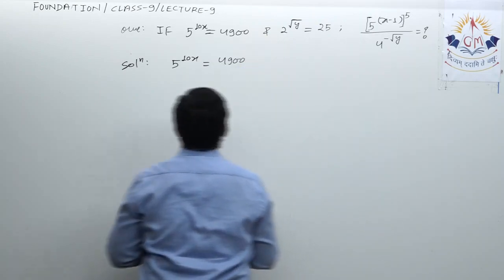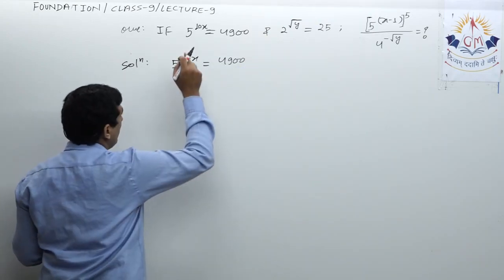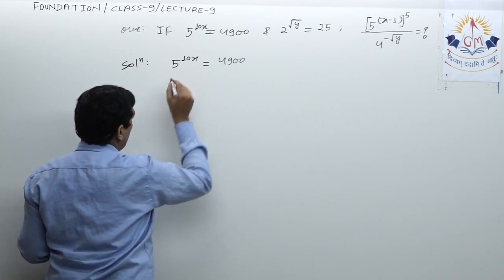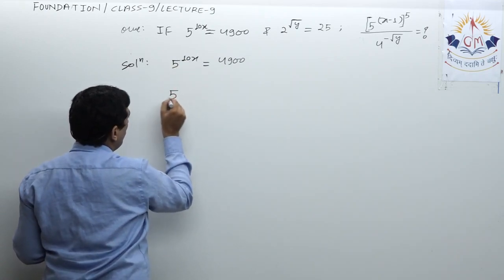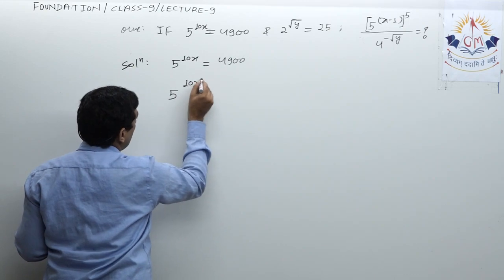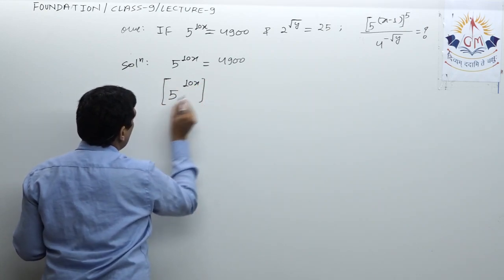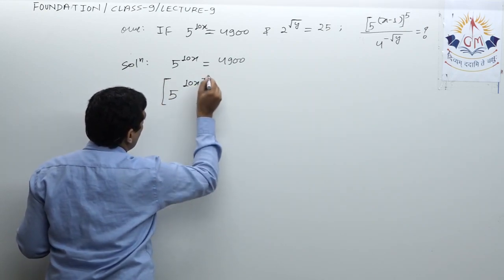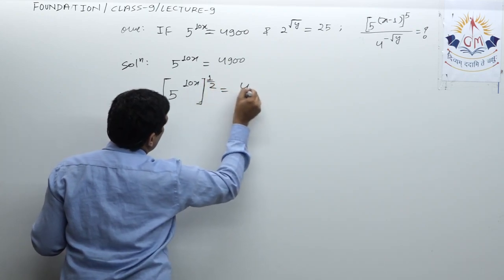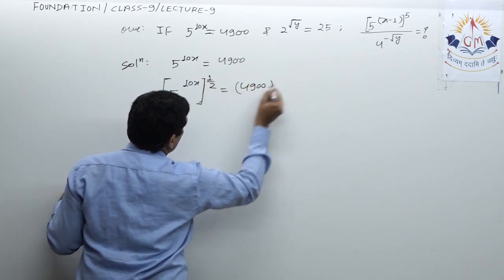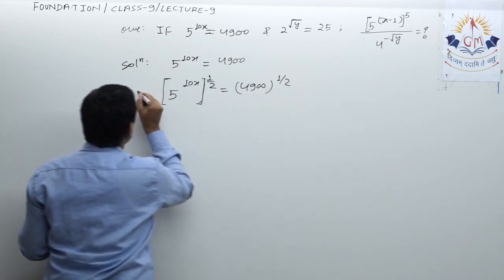Okay, so first over here I will try to get the value of 5 raised to 5x. So for that what I have to do, 5 raised to 10x raised to 1 by 2, so 4900 raised to 1 by 2.